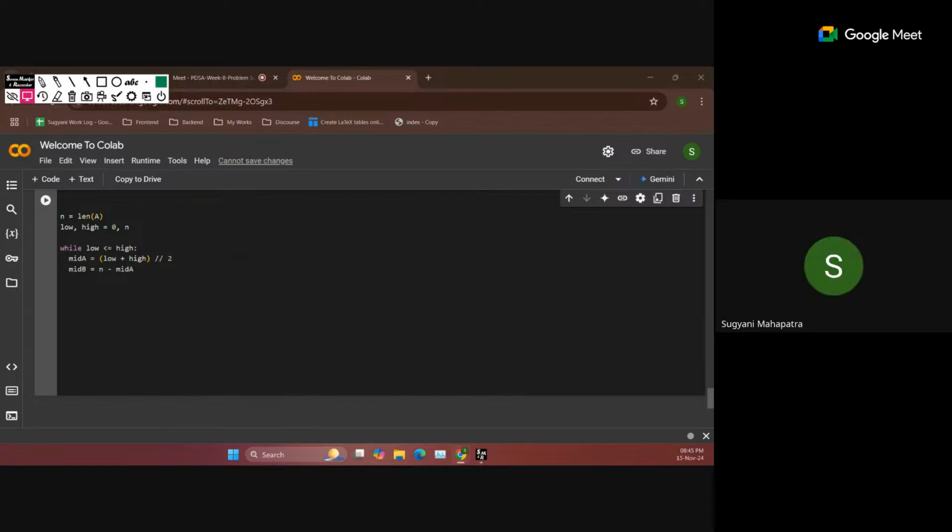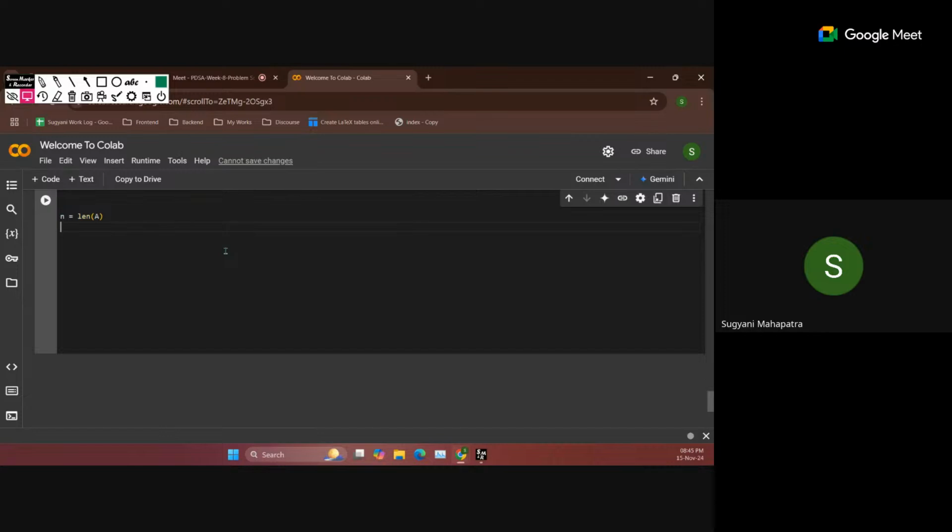So this is a recursion algorithm. Let's look into the recursion part and then we will look into the iteration. Okay, so we'll define this median function which has A, B, the lower index of A, which is the left index of A, the right index of A, which is basically n minus 1.